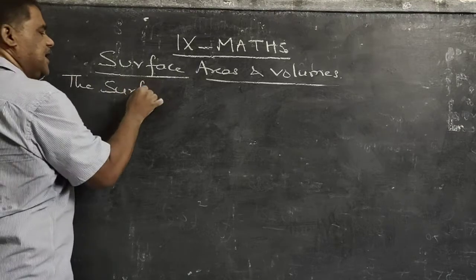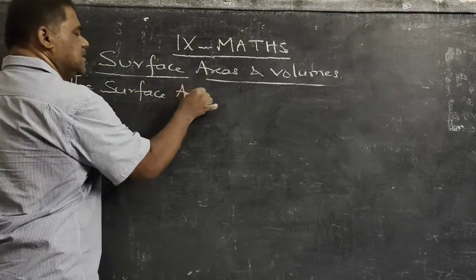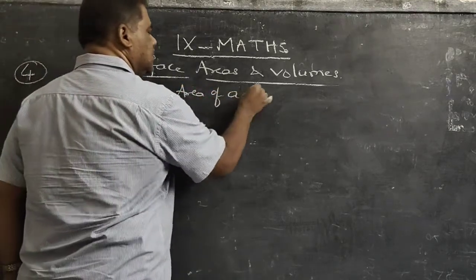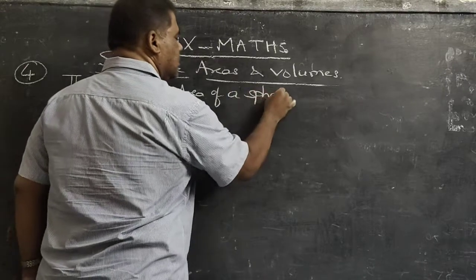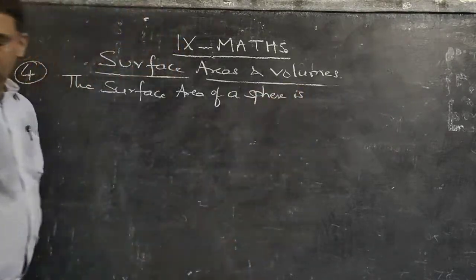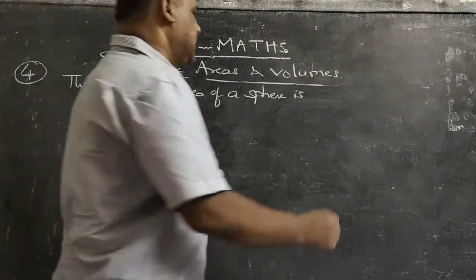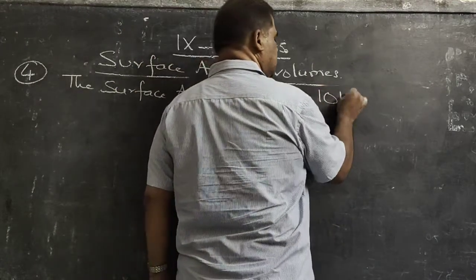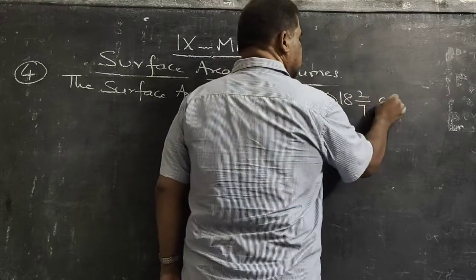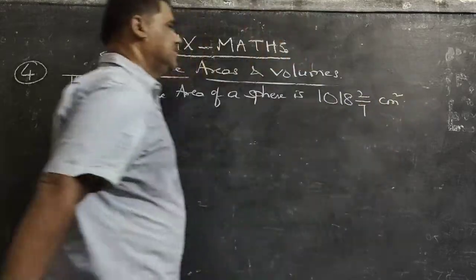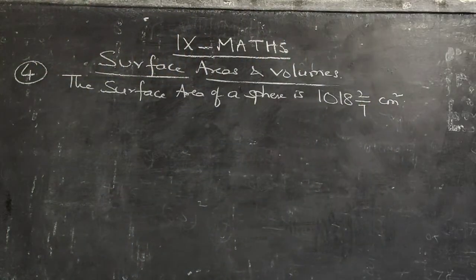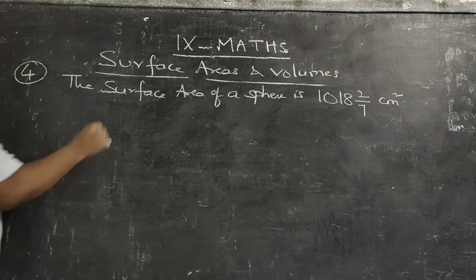The surface area of a sphere is 1018 2 by 7 centimeters square. What is its volume?